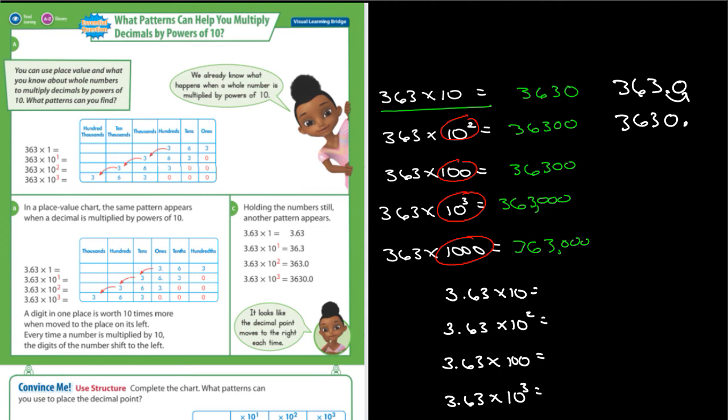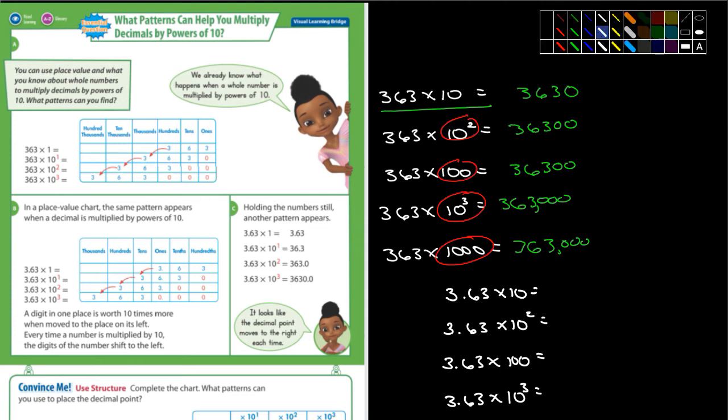All right? You guys, you're going to want to pay attention. You're going to be totally lost if you don't. So, in the second one I was talking about, 363, I'm going to write it down again, 363, and I multiplied that by 10 squared, or you could look at it as 100. Where's the decimal in the 363? It's right here. And what did I do? I added 2 zeros, right?